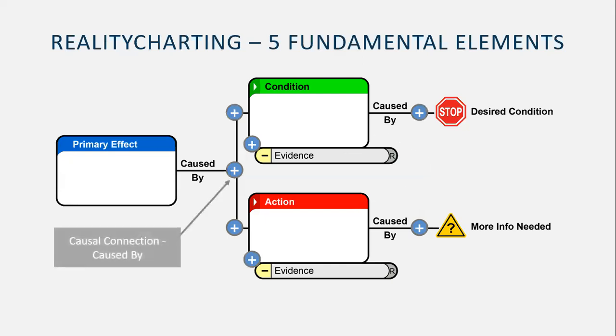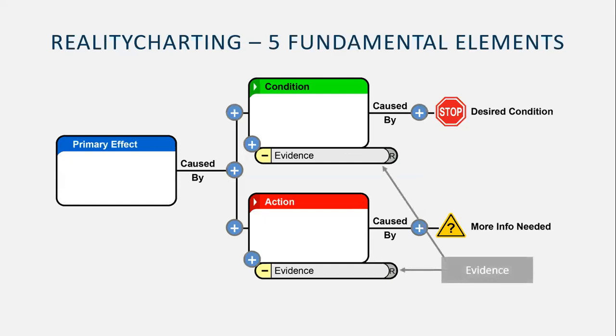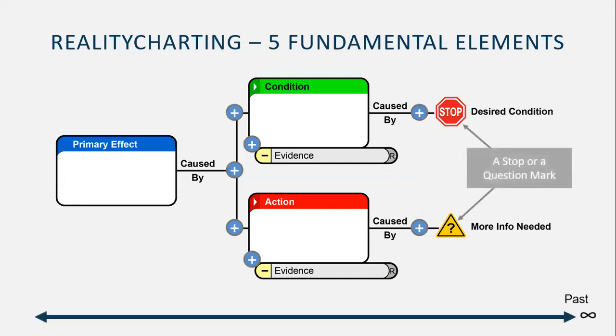We're going to connect all these causes with our cause by brackets to help keep the chart organized. Then evidence. We have to cite evidence to validate that these causes actually exist. And finally, a reason for stopping that cause path. And you can see we have 2 options. We have a stop sign, which means it's a desired condition, and more information needed, which is signified by the question mark.